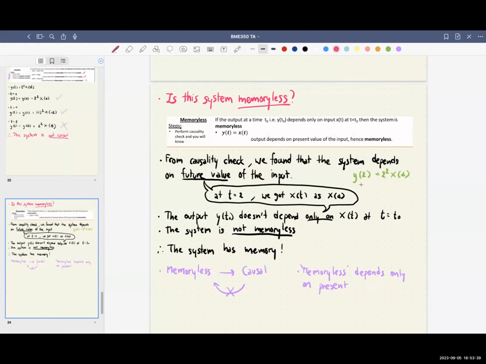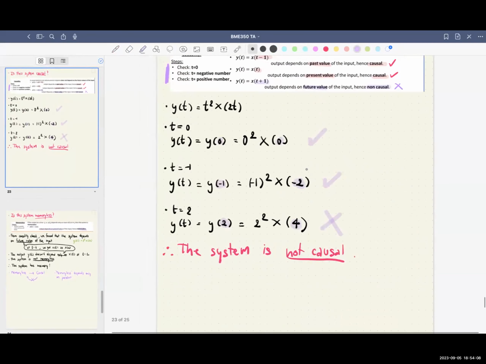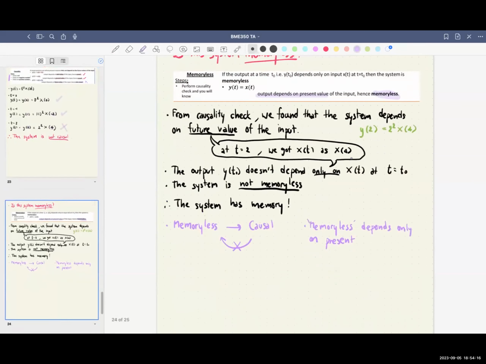Memoryless. What does it mean when the system is memoryless? When the system is memoryless, it means that the output depends only on the present value. Okay, let me highlight this. Output depends on present value: memoryless. And from the causality test here, we can see that y(2) is equal to something x(4) here.